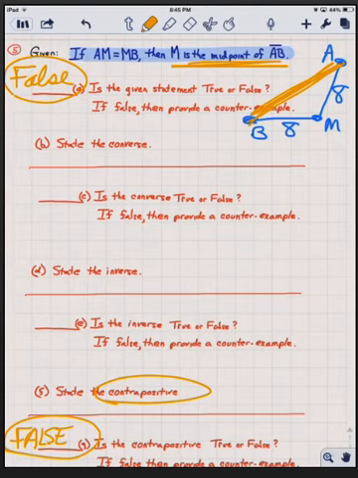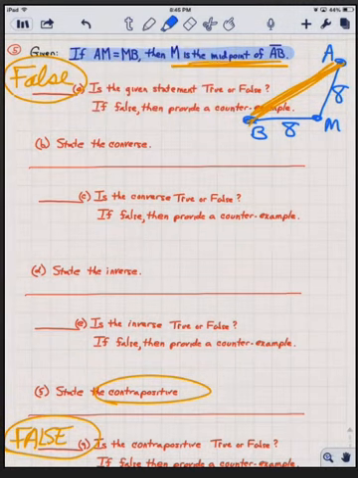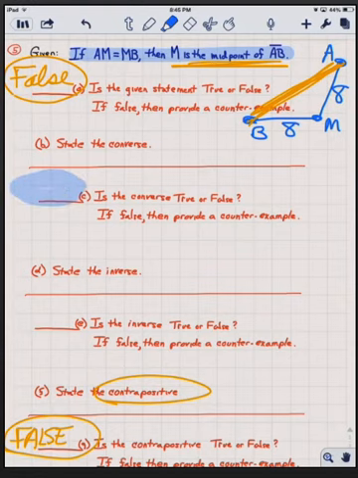Likewise, when we state the converse and the inverse, if one of those is true, the other one has to be true, and if one is false, the other one has to be false, so they are logically equivalent. So whatever you state for the answer for the true and false part of the converse, it has to be the same answer for the inverse, whether that's true or false. They are logically equivalent.